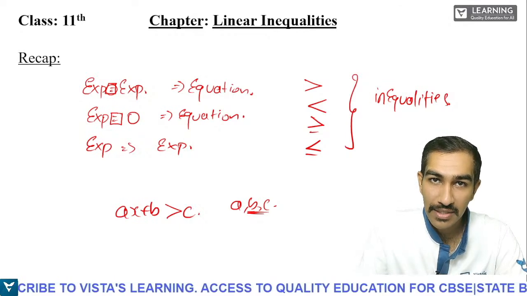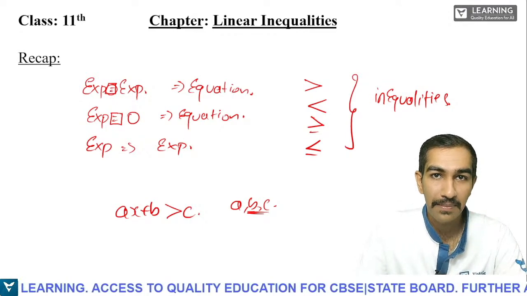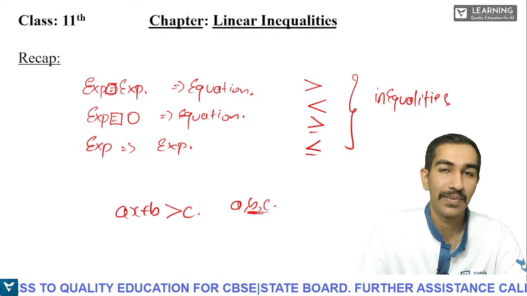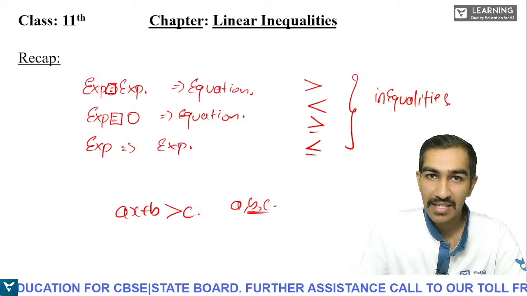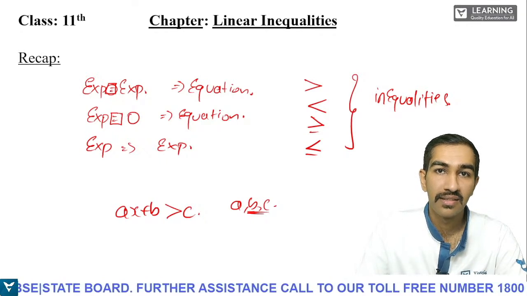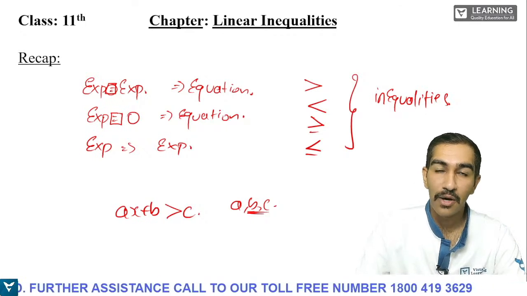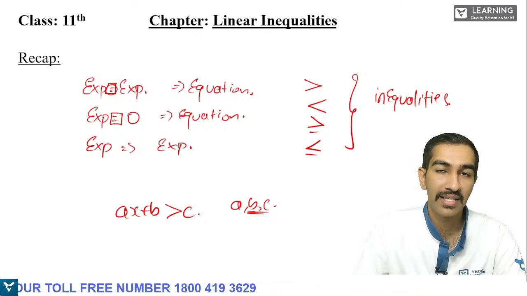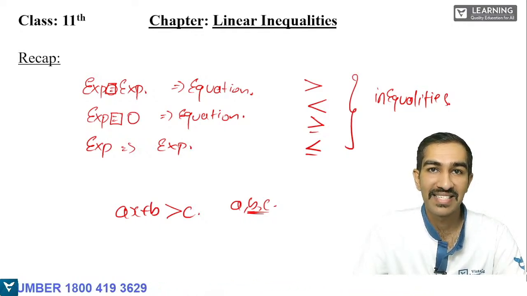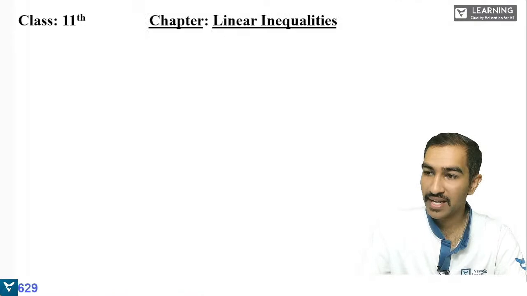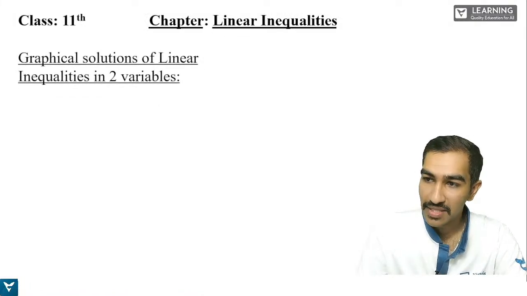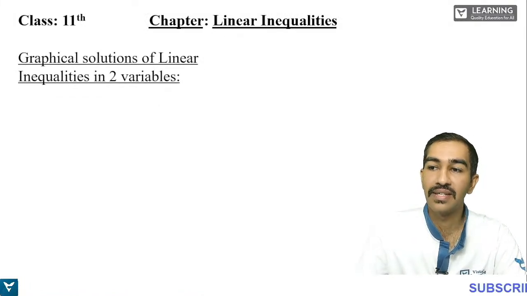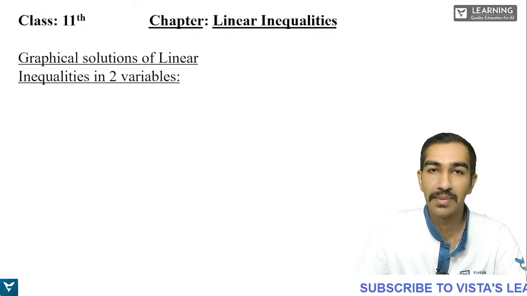What are we going to see in today's class, students? That is very important, and we are going to start right now. Just pay attention, make a note, and observe how we draw the graph on the screen, because we are deriving the solution graphically. So the next topic is graphical solutions of linear inequalities in two variables.